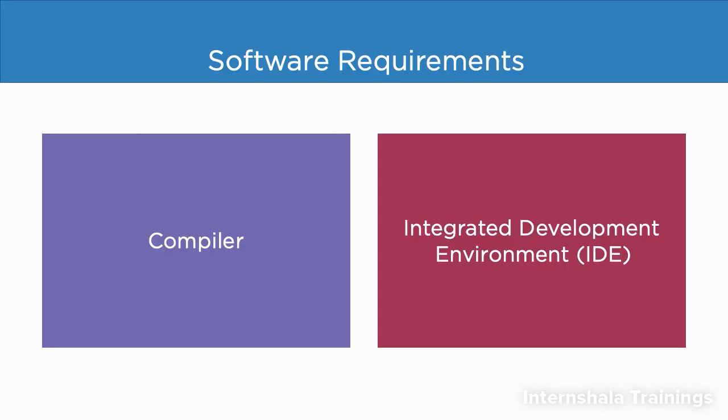Now, moving on, what is meant by integrated development environment, which is abbreviated as IDE? Well, an IDE is basically a software in which we write our programs. Not only this, using an IDE, you can find errors in your code very easily.